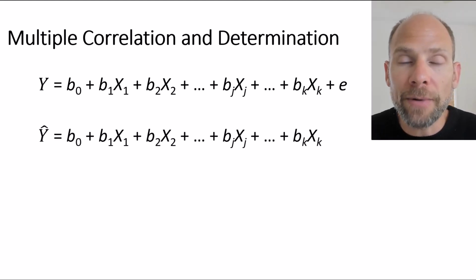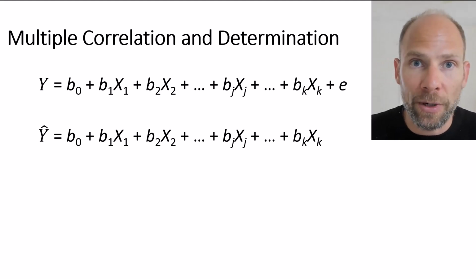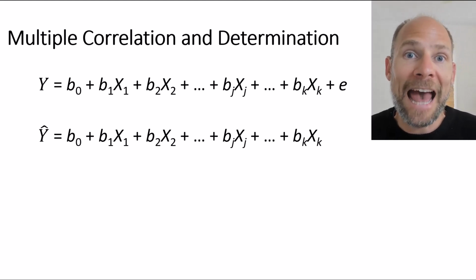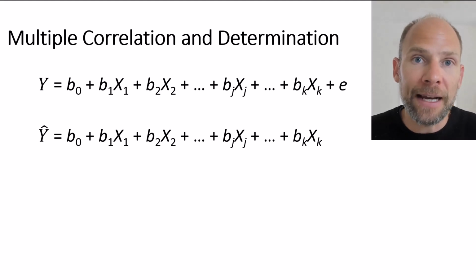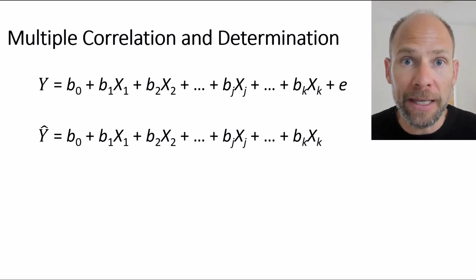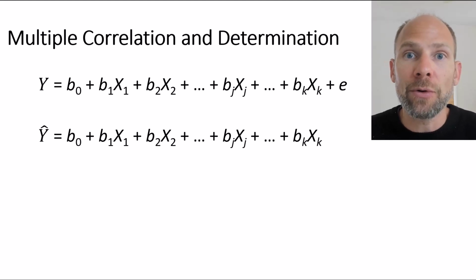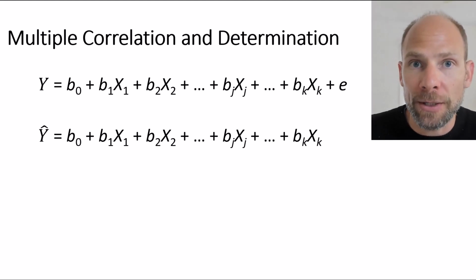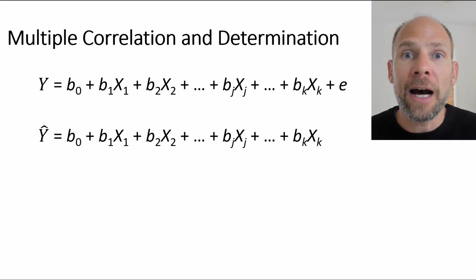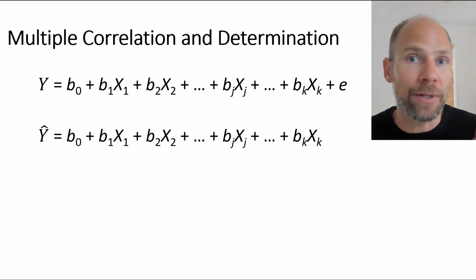We can also write the regression equation for the predicted y-scores, and we call those y hat. So notice that in the second equation here, we have y hat instead of y, and we don't have an error term e at the end. This means that this is the equation that we can use to predict y-scores. And so the y-hat scores are different from the y-scores unless we have a perfect prediction.